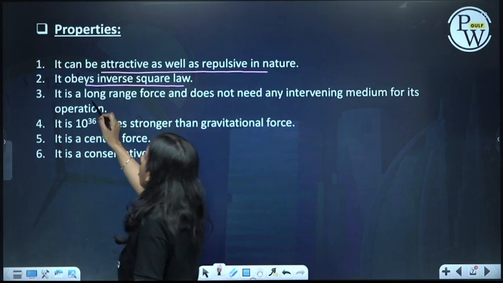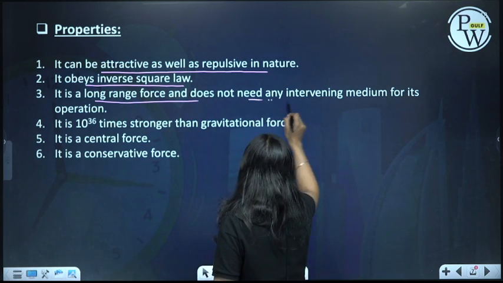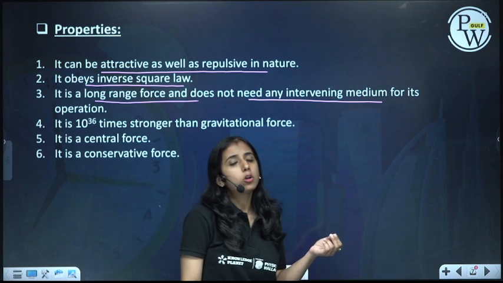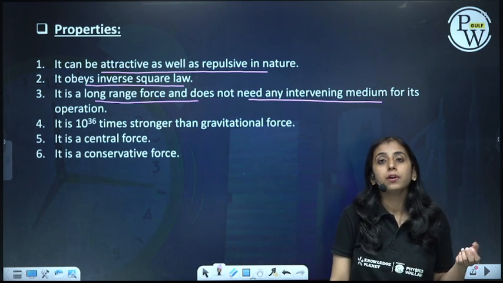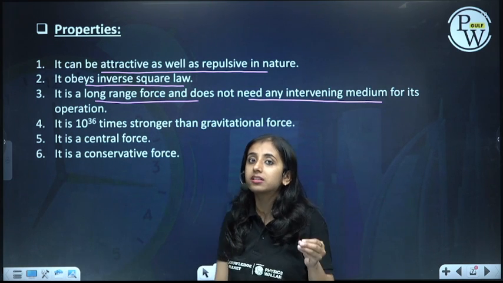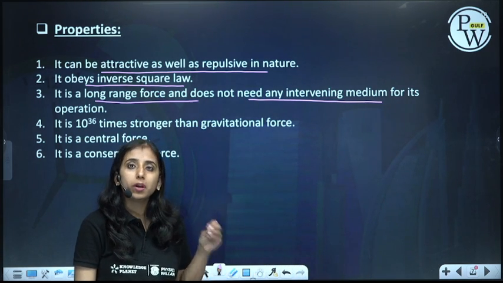It is a long range force and doesn't need any intervening medium for its operation. Whether there is a medium or a vacuum, gravitational as well as electromagnetic forces will act over there.